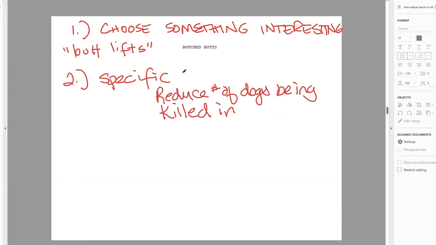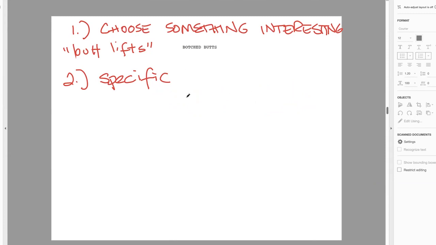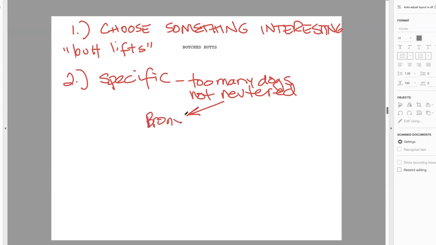Say you want to address, and I speak about this only because I know it, spaying and neutering. Your problem is too many dogs are not neutered. Well, the reason for dogs not being neutered in New York, and specifically the Bronx, where I worked with dogs, is very different than in rural Alabama.